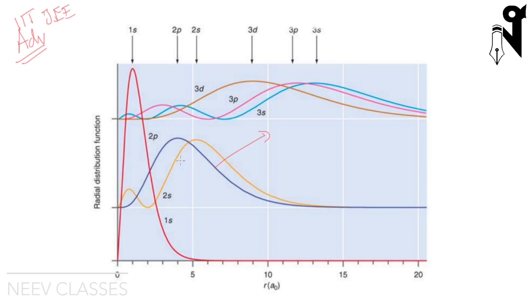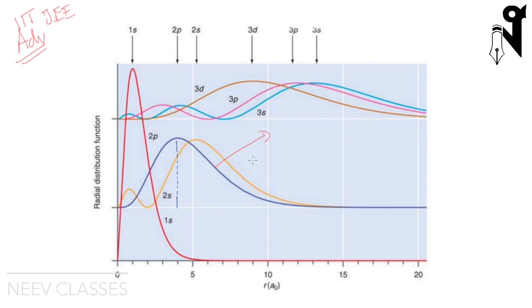Now what is the most probable radius of this 2p? Again you see this 2s is coming at 5a naught. It's quite an accurate graph. So it's the same graph what we were doing earlier. Anyways, this is your most probable radius.